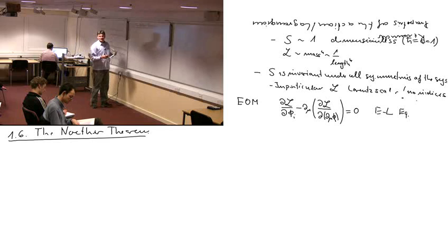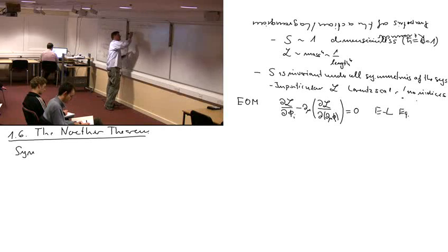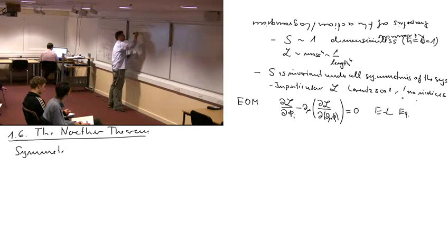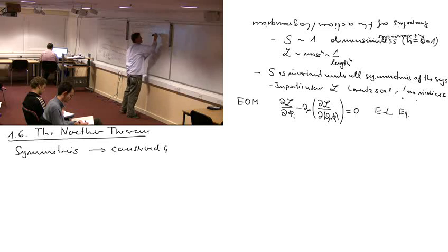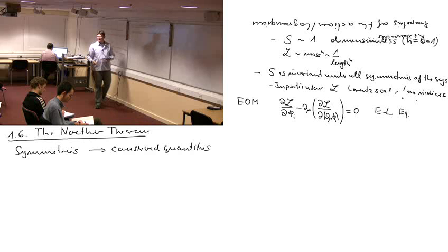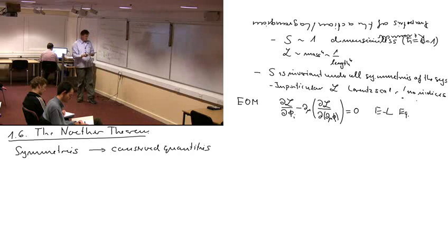And this connection even holds to a large degree in quantum field theory. So symmetries give us conserved quantities. That's the fundamental statement. And now, today, we want to make it a little bit more precise.